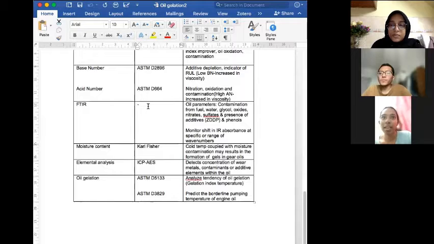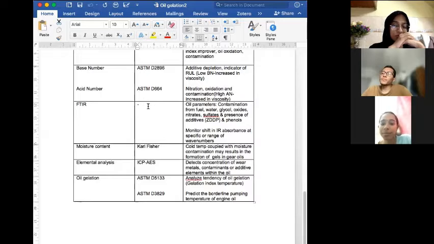Because at that time in Australia, I checked the temperature was around -2 to 6. So we can do this test to see at which temperature it starts to gelatinize. So whether at this temperature our oil has the tendency to gelatinize. If yes, then it is our oil, our formulation issue, right?